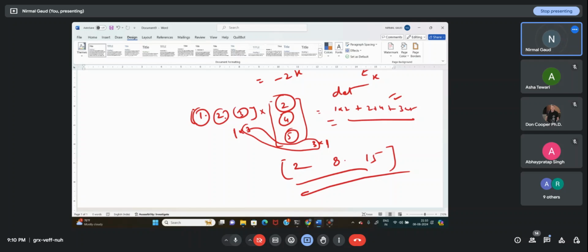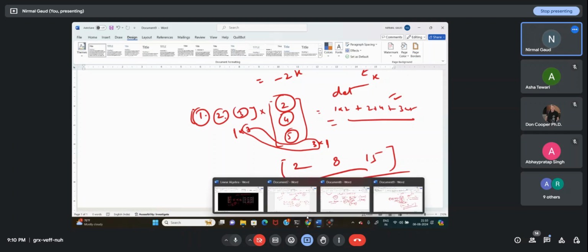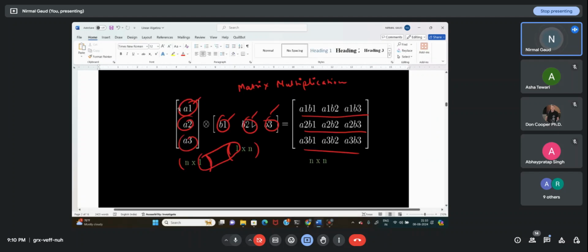And what they have done here, the orientation was different. This is column major and this is row major. So every element present here is multiplied by every other element and mentioned in a matrix. See the difference. This is n cross 1, 1 cross n, so the resultant matrix will be n cross n.